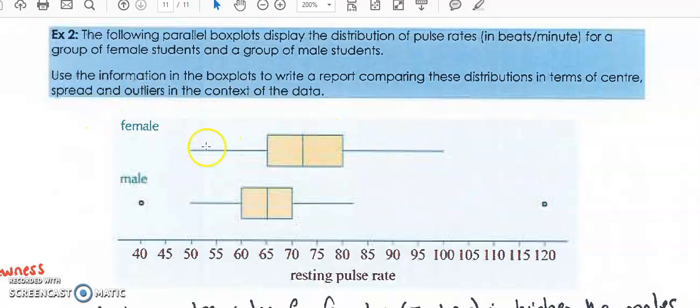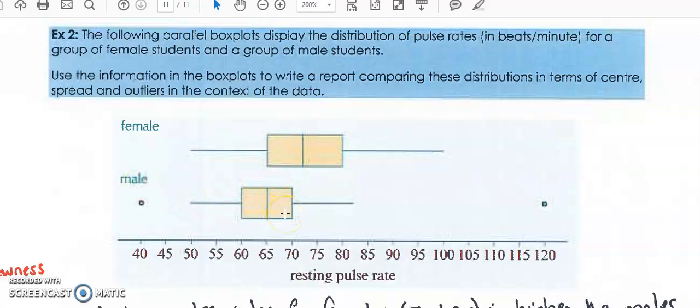This information we can see right here, females being the top box plot. You can see the minimum, the maximum, the Q1, median, and Q3, and there's an obvious difference between this set of data and the males.